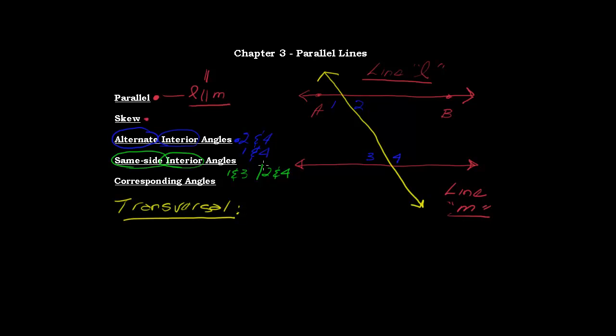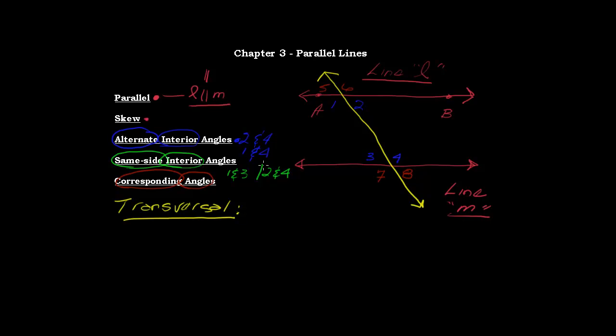Now, corresponding angles are two angles in corresponding positions relative to these two lines. So let's go grab yet another color here and say corresponding angles, again, correspond to positions relative to the two lines. So we might want to label further here: 5, 6, 7, and 8. It's probably a little unfortunate I didn't use the same numbering as the book, but that's okay.